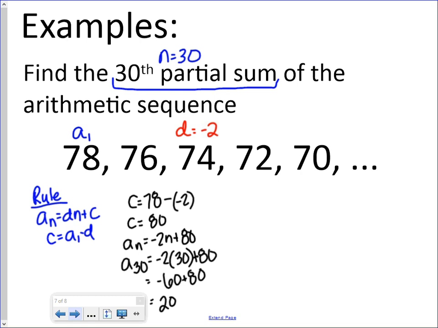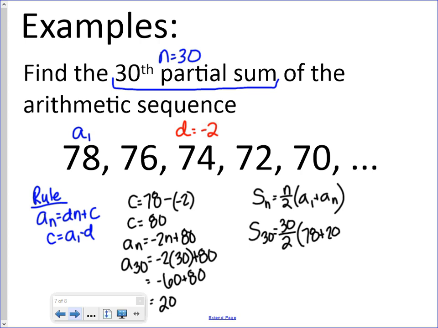And then I can take that information and plug it into my formula for the series. S sub n equals n divided by 2 times the quantity a sub 1 plus a sub n. That'd be S sub 30, because we're finding the 30th partial sum, is 30 divided by 2 times the first term, 78, plus 20, the 30th term.